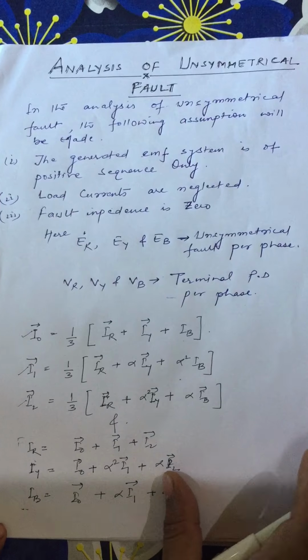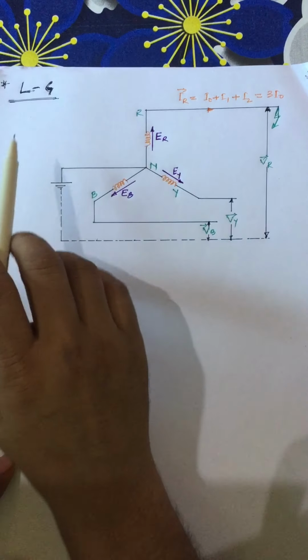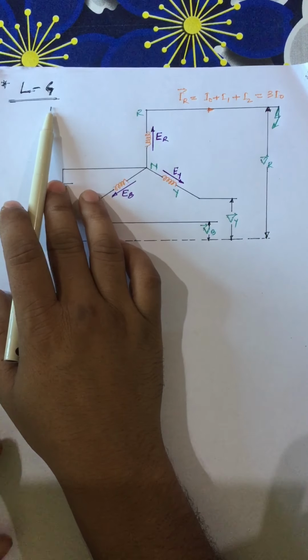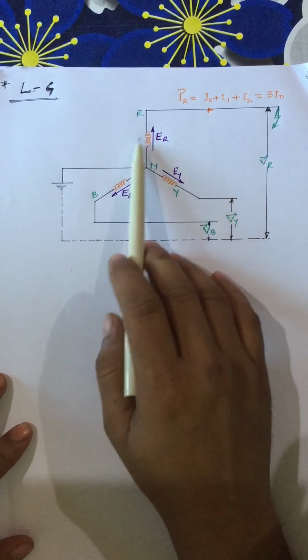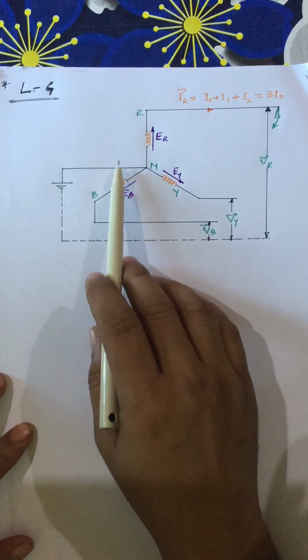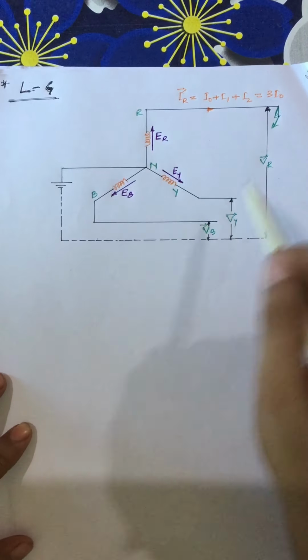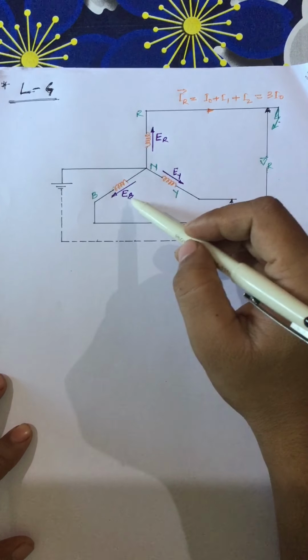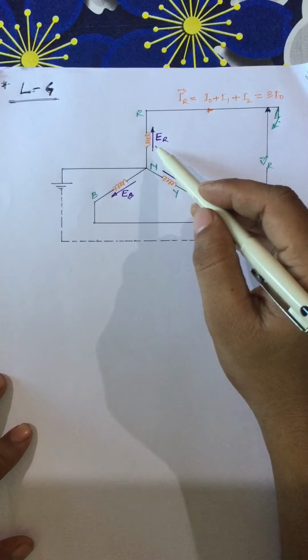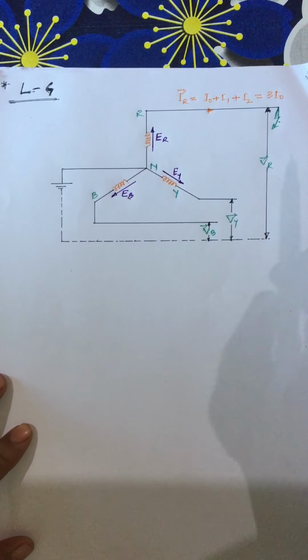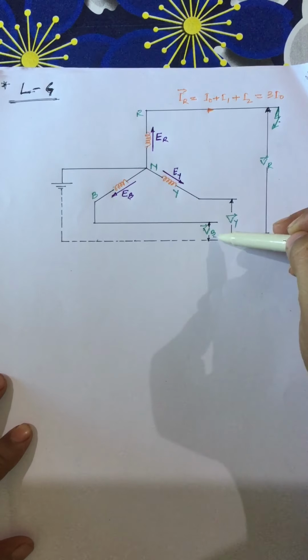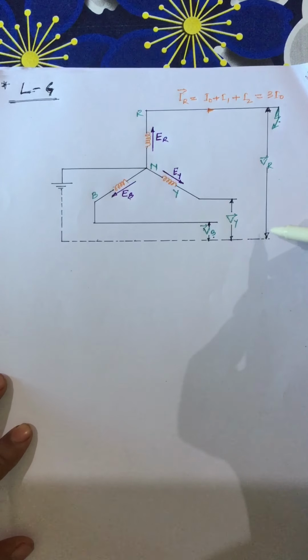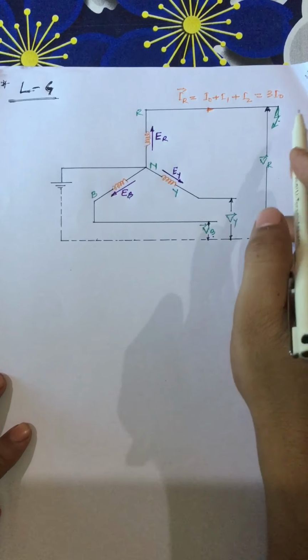So let us first discuss the single line to ground fault. This is the phasor diagram of a single line to ground fault. We consider there is a fault in the R phase, and ER, EY and EB are the induced EMFs on the R, Y and B phases respectively, and VR, VY and VB are the terminal potential differences.